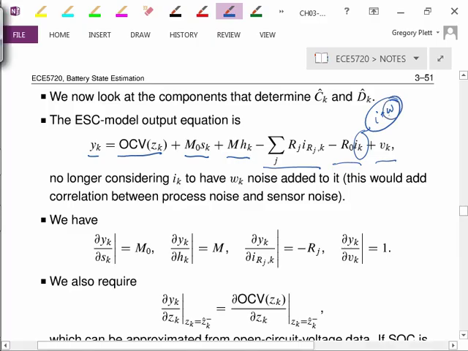But here I would be adding R_0 times W to the output equation and adding V to the output equation, so there would definitely be a correlation between W and the noise on Y. So it can be handled. It's quite a pain to handle, and it's beyond our scope, but the Kalman filtering course 5550 talks about how to do that. Here we're not going to.